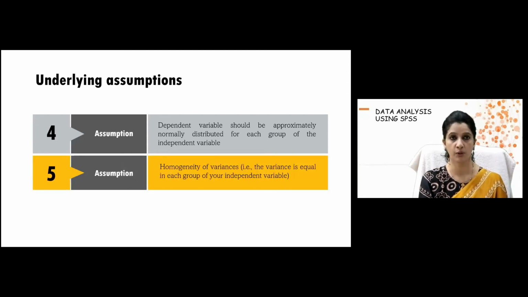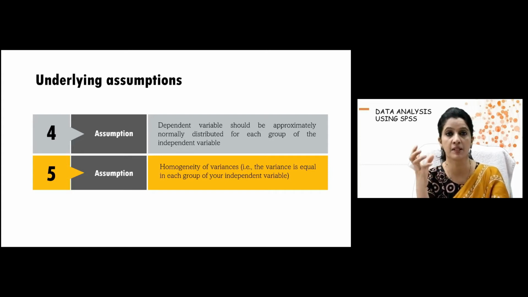And there's one more concept, the concept of homogeneity of variance. In descriptive statistics, we discussed that variance is the square of the standard deviation. Standard deviation measures the difference of individual data from the mean, and if you square that standard deviation, that is the variance.